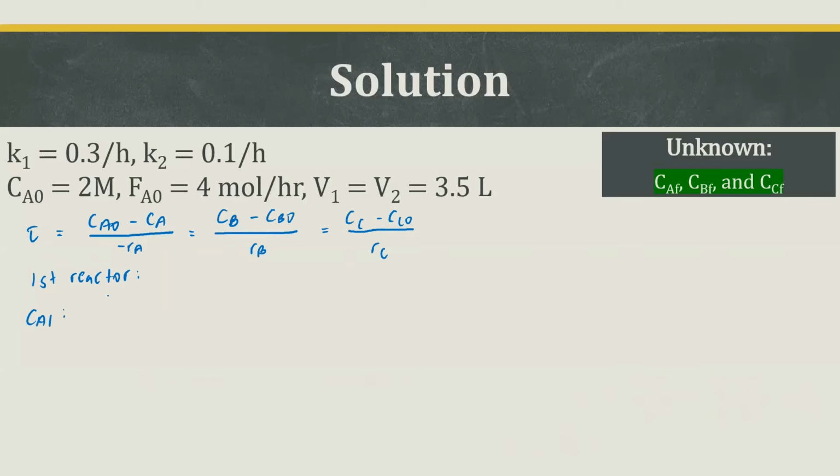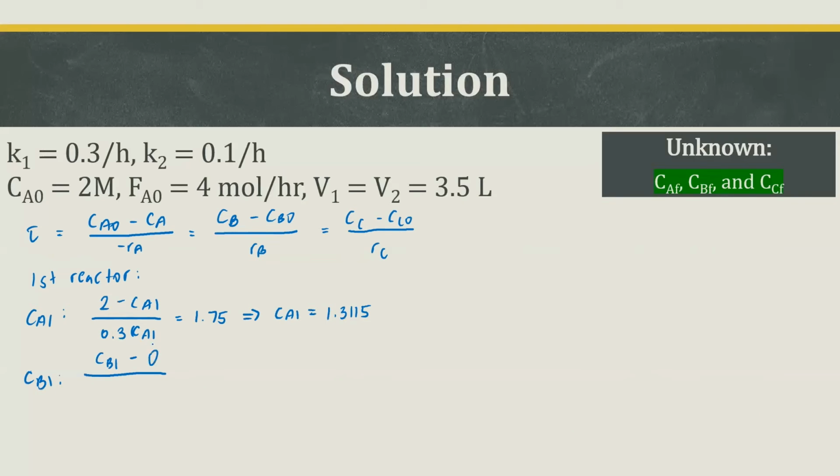So that will be 2 minus CA1 over 0.3 times CA1, and this should equal 1.75. So CA1 here should be 1.3115.